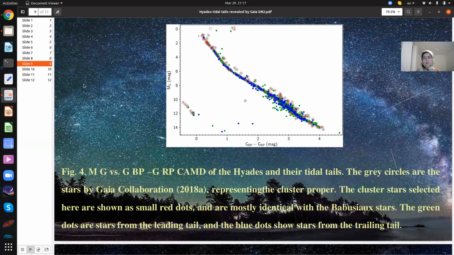The cluster stars selected here are shown as small red dots and are mostly identical with those stars. The green dots are stars from the leading tail, and the blue dots show the stars from the trailing tail.